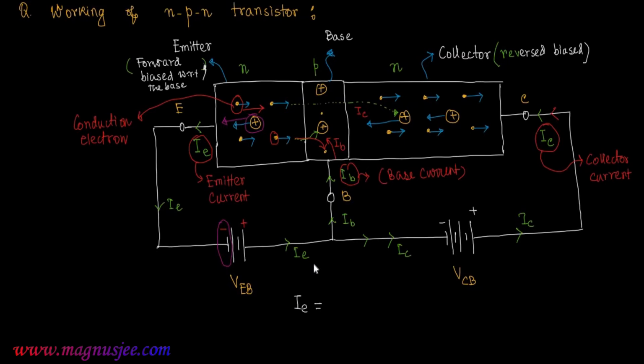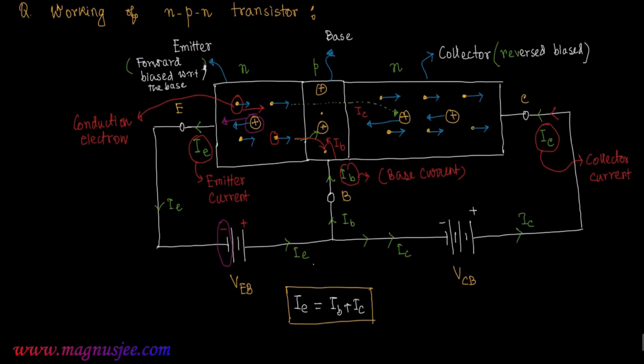In this case, we can see that emitter current IE is the sum of base current and collector current. And we know that if collector current and base current flow into the collector and base respectively, then emitter current will flow in the opposite direction, away from the emitter.